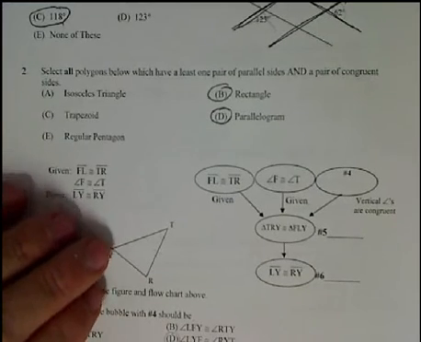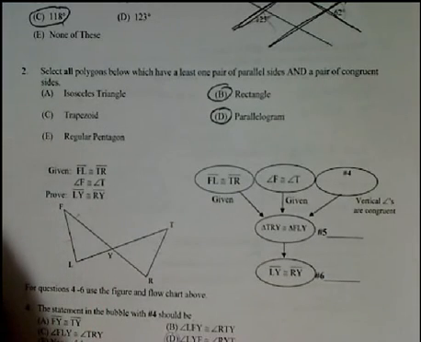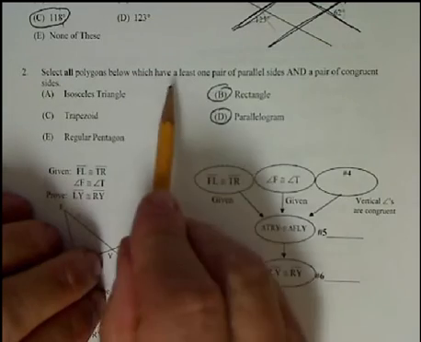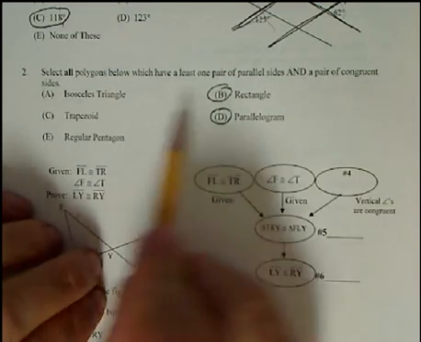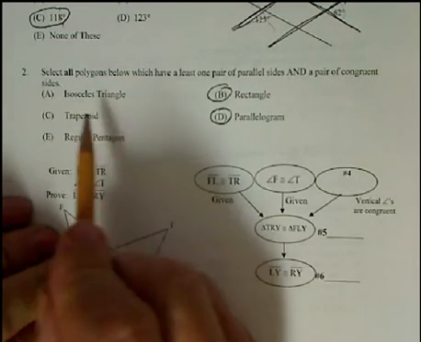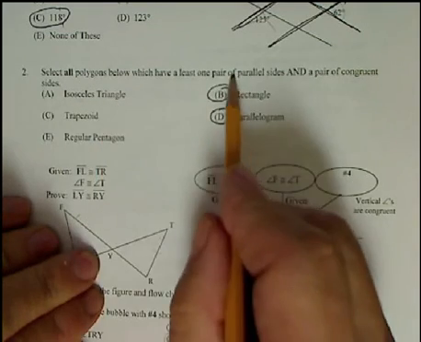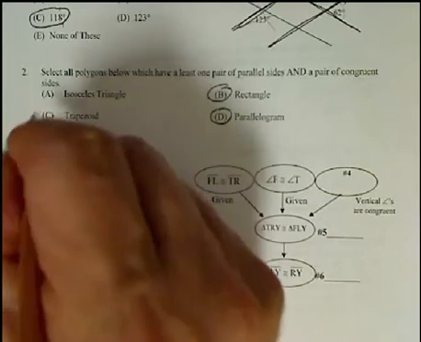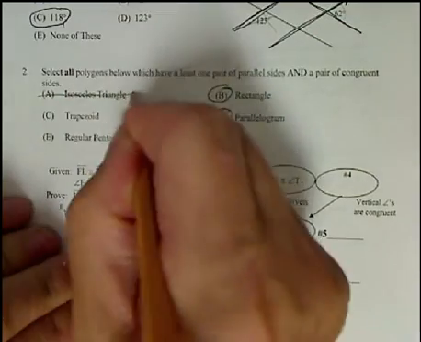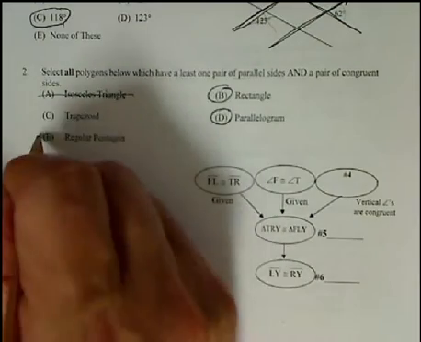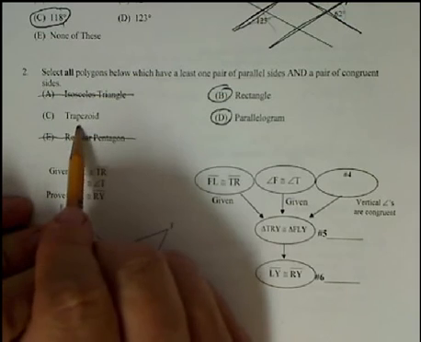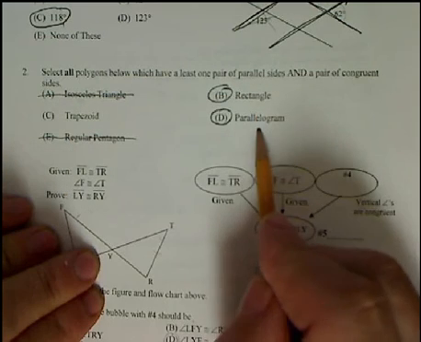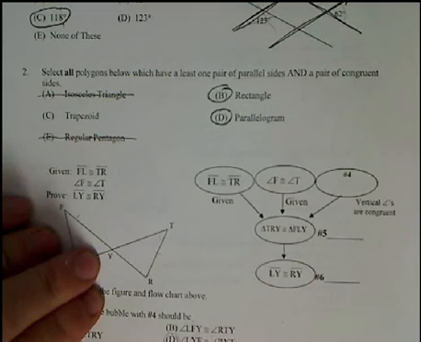Okay, next one. I'm going to select all polygons below which have at least one parallel side and a pair of congruent sides. Well, an isosceles triangle does not have parallel sides, so I'm going to cross off all the ones that don't have parallels. That one doesn't. A pentagon does not have parallels. Now I need a pair of congruent sides. So a trapezoid has a pair of parallel sides, rectangle and parallelogram, certainly parallelogram is right in the word.